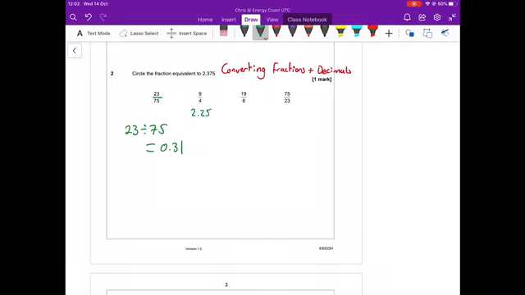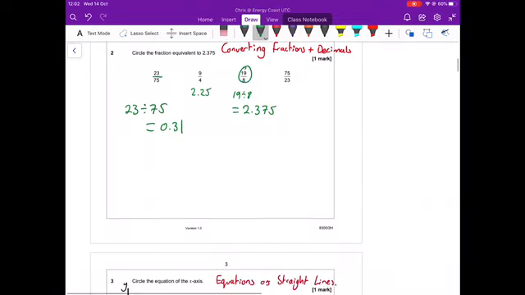You can use a calculator if you need to. This one, if I do 19 divided by 8, again on my calculator, it gives you a decimal straight away. You might have to press the S-D button to change it from a fraction to a decimal, but it's 2.375. So there you go, that's your answer. That one couldn't be easier because you've got a calculator to do it.